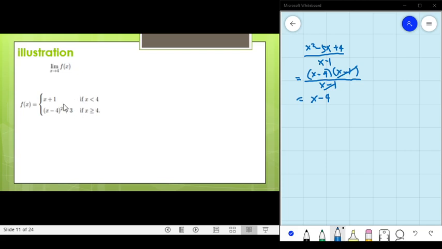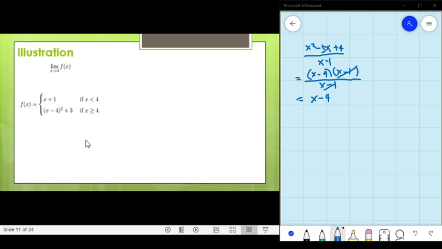So our f of x looks like this. Okay. So this looks a bit different, but the logic and procedure are exactly the same. So what we are going to do is still approach the constant, which is equal to 4, from the left and from the right. But note that we should evaluate the appropriate corresponding functional expressions.